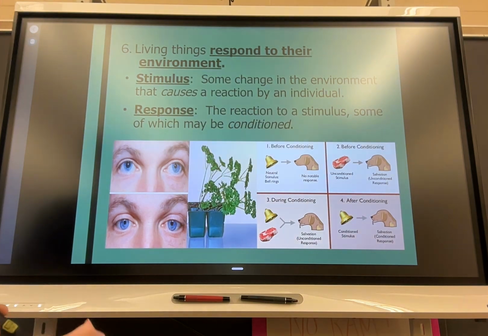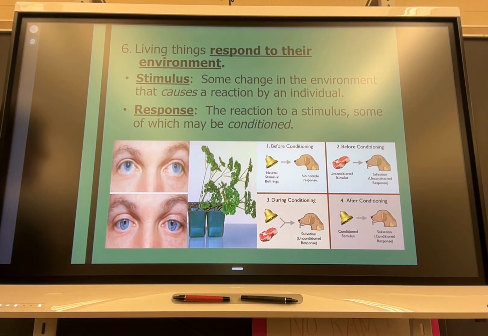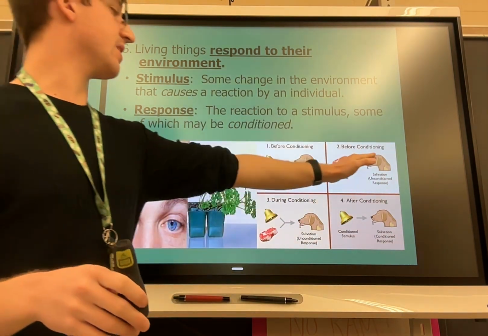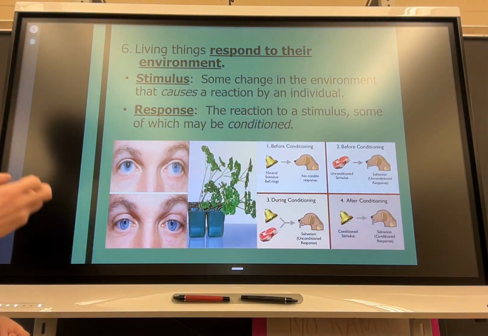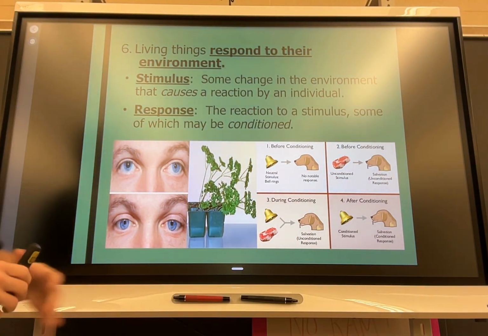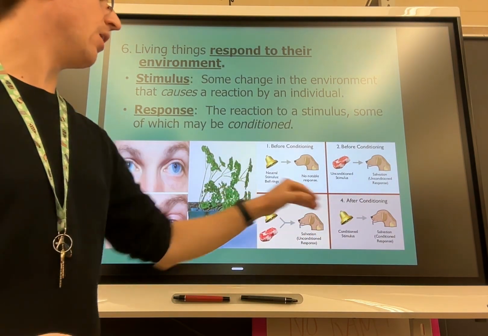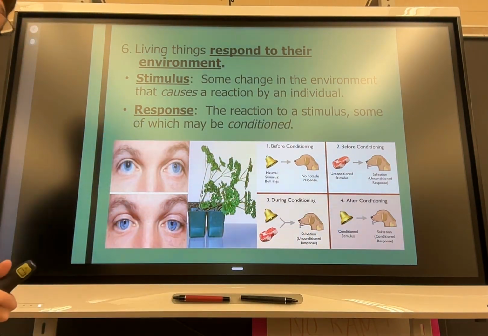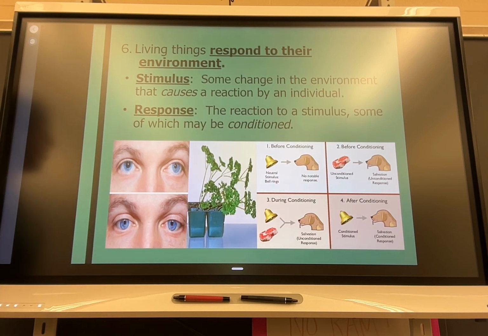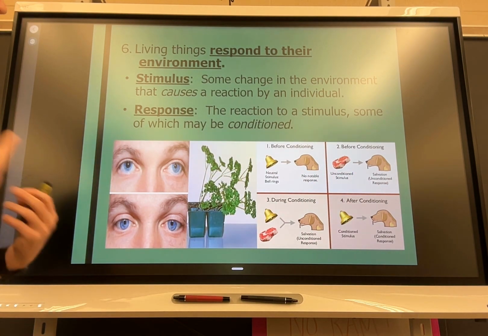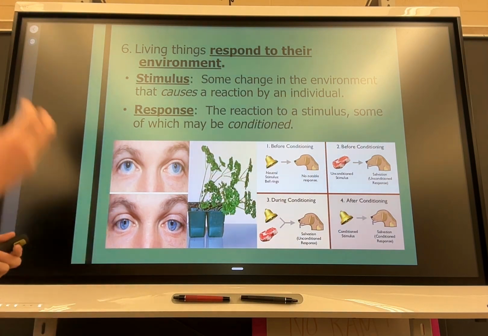The response was that the dog would salivate. It would start to slobber because it thinks it's getting food. And after training that condition, it learned to associate the bell with food. So even when he rang the bell and didn't feed it, the dog would still think that it was going to get fed.